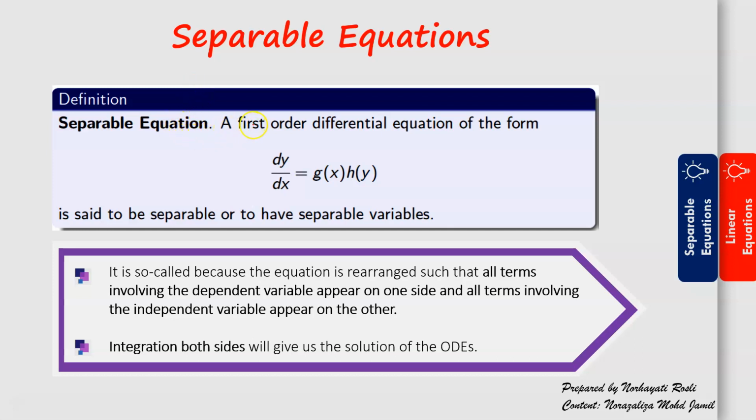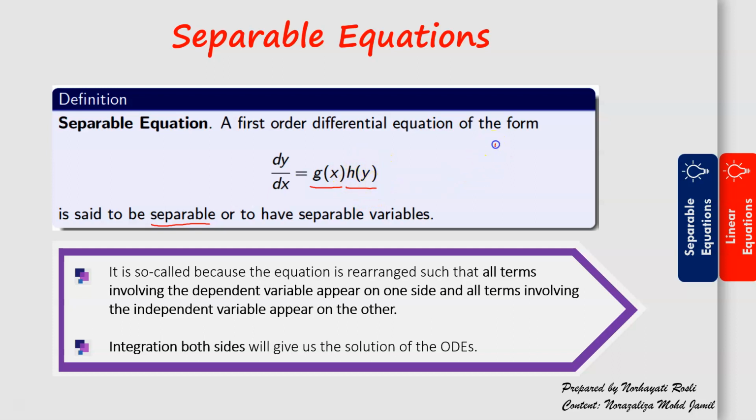If we have a first order differential equation, we can say that it is separable if we can write that differential equation in terms of dy/dx equal to g(x)h(y). It means that you can separate these terms: the independent variable you can write as one function, multiplied with another function of the dependent variable.